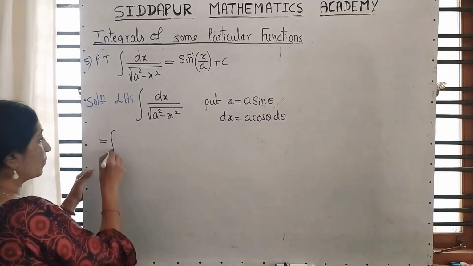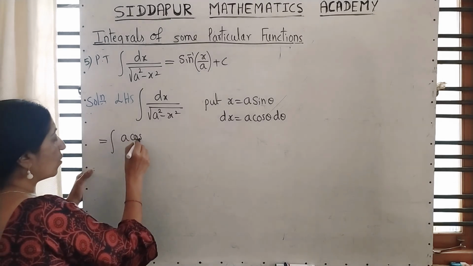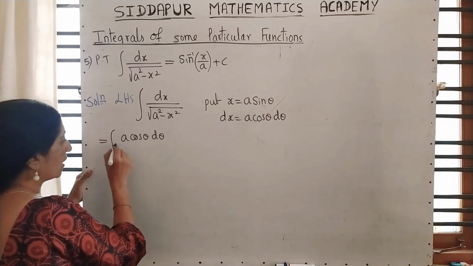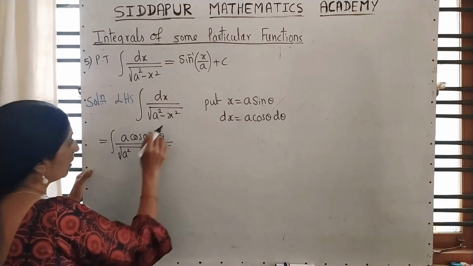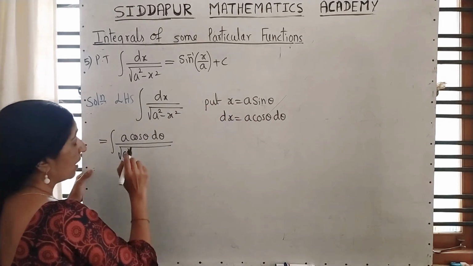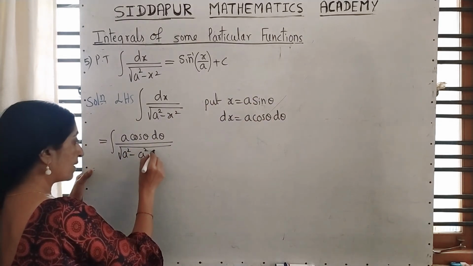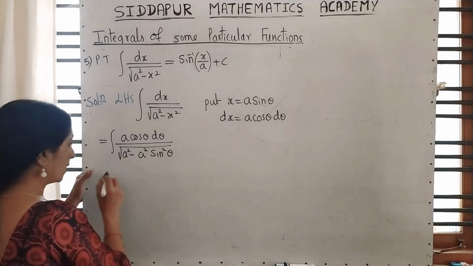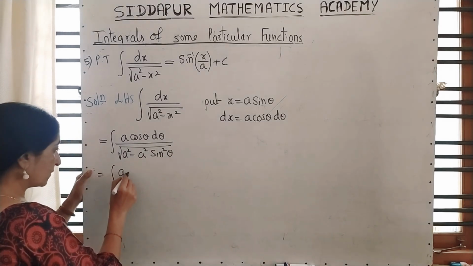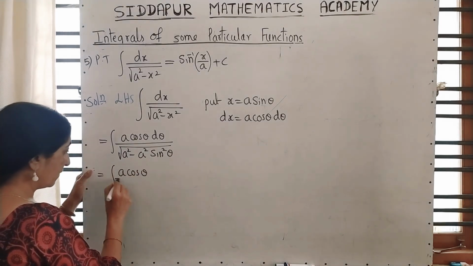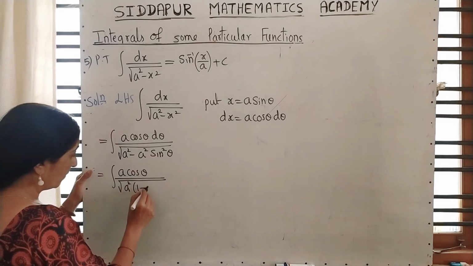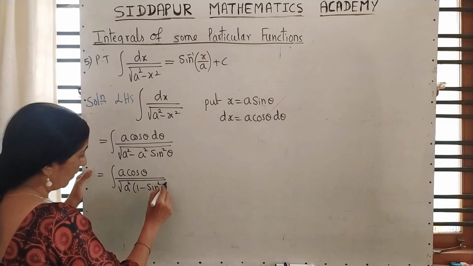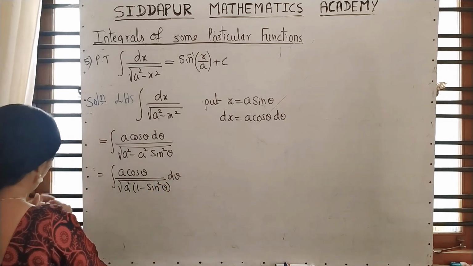Now write down that value. It is a cos theta into d theta divided by root of a square minus x square. x is a sin theta, x square is a square sin square theta. a cos theta upon root of a square common, 1 minus sin square theta.